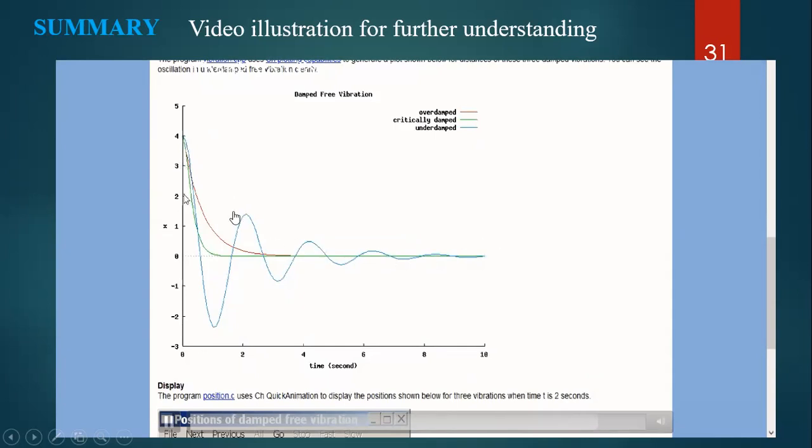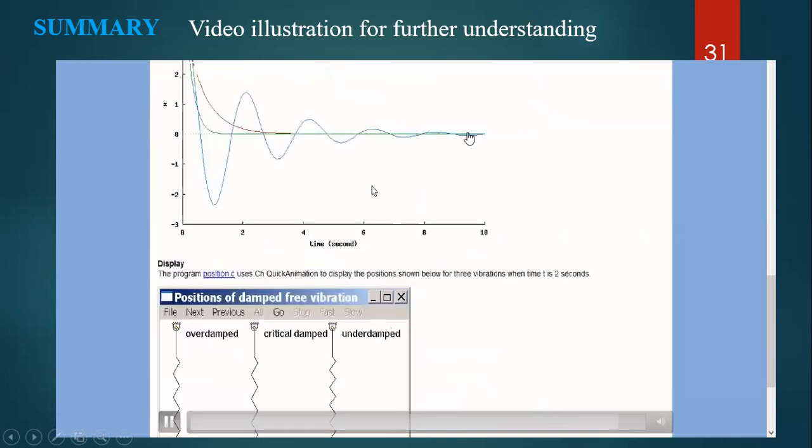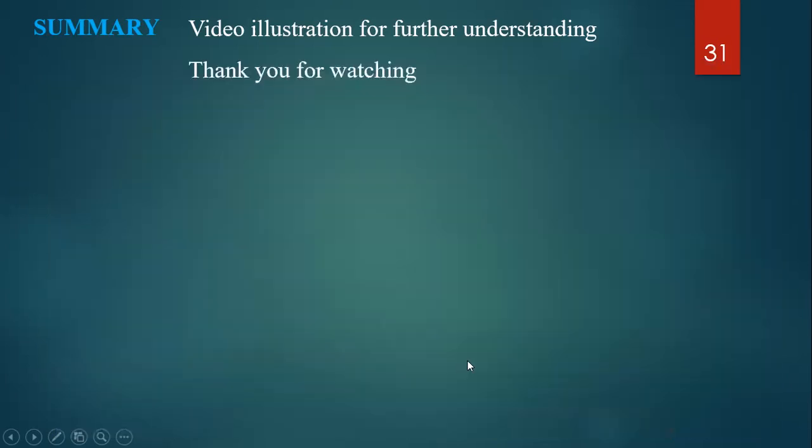But when we go to the critically damped one, we can see this green color here. The green color immediately comes here, then goes to infinity.